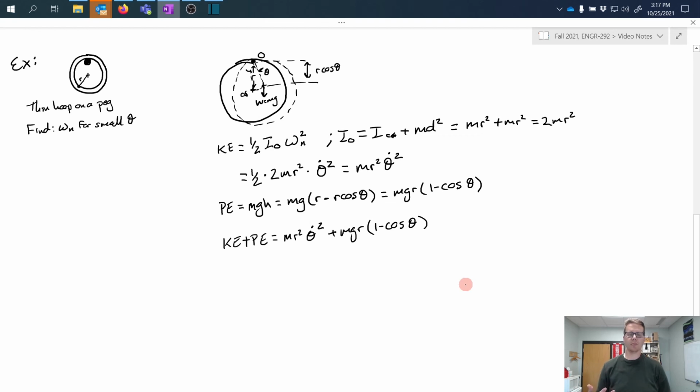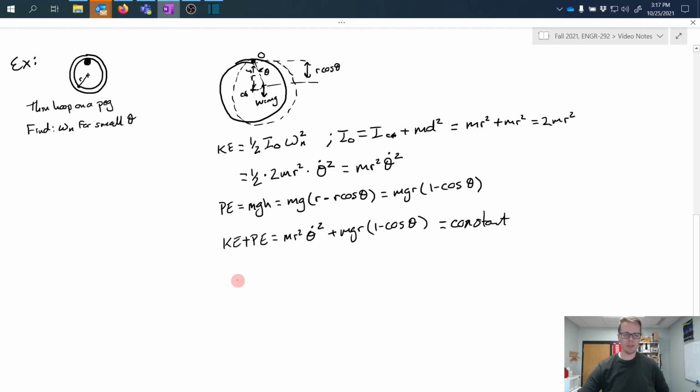So just like we've done before in the explanation of the conservation of energy method, if we know the total energy, we know that it must be constant due to the conservation of energy, and therefore we can take the first time derivative of this equation and get it into standard form in order to find the natural frequency. So that's what we're going to do.